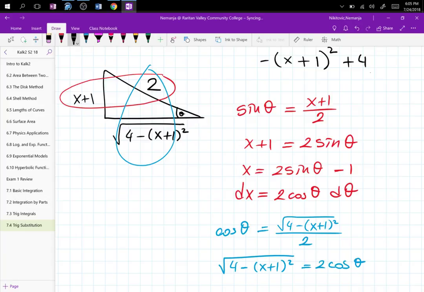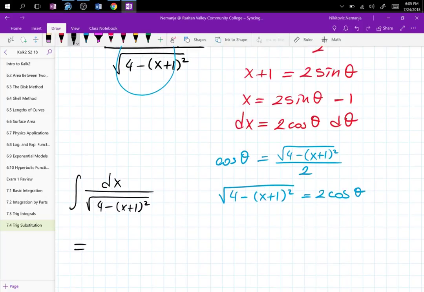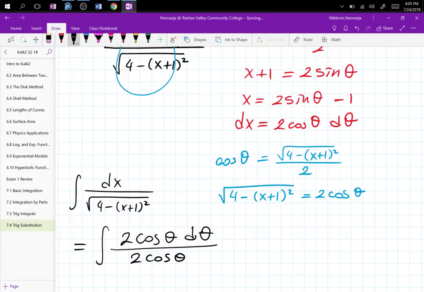Now the problem that we are solving is the integral of dx over the square root of 4 minus (x plus 1) squared. This is equal to the integral. Instead of dx, I have 2 cosine theta d theta. And in the denominator, instead of the entire square root, I just have 2 cosine theta.